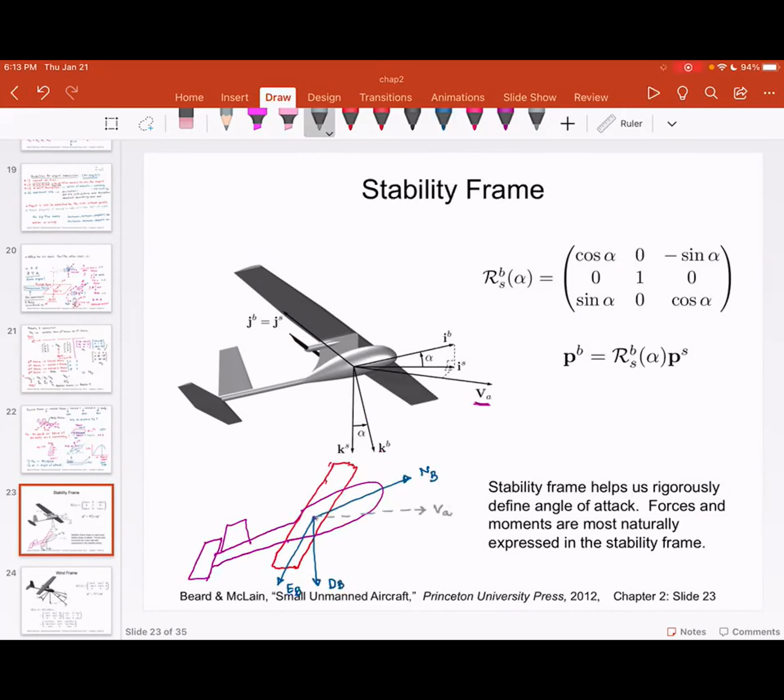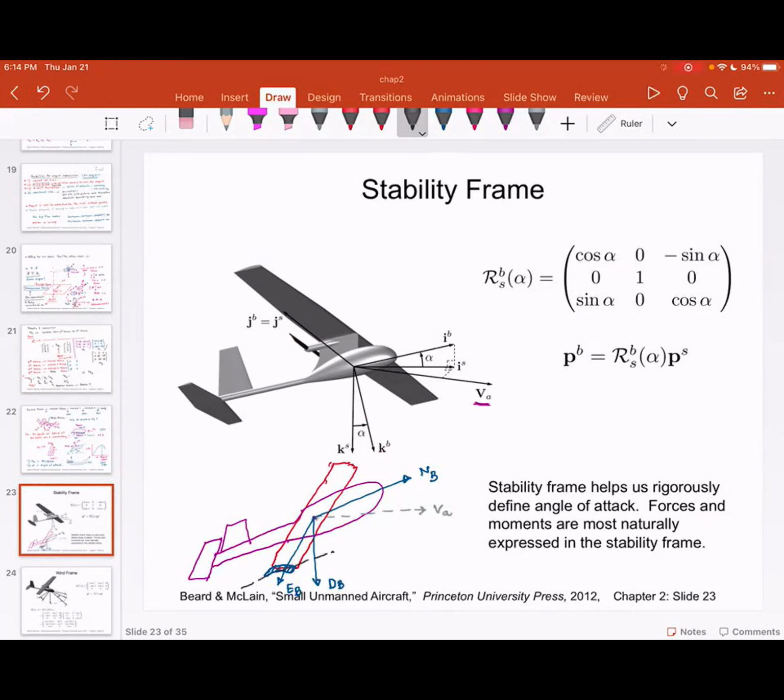This is the velocity of the aircraft with respect to the surrounding air. Now, what I want you to observe is this airfoil, and I'm going to show you the shape of the airfoil here. This airfoil needs to be oriented in this direction.